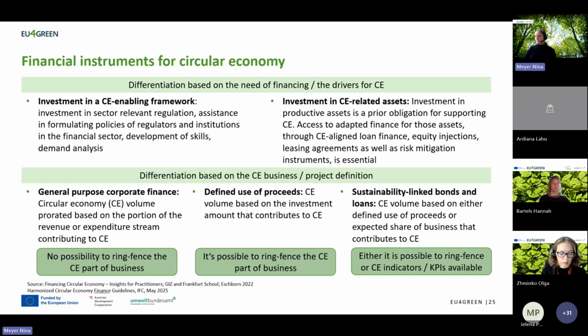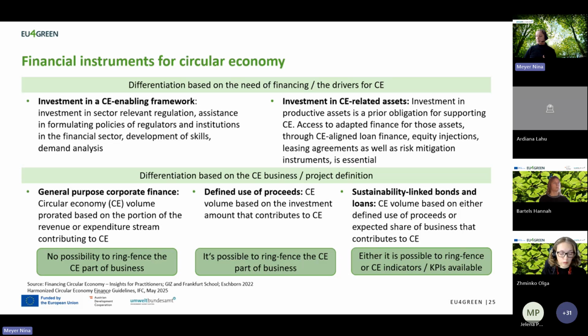And the differentiation based on the circular economy business project definition can also be based on the possibility to ring fence the circular economy part of the business. If we have no possibility to ring fence, then it's general purpose corporate finance. So the circular economy volume is based on the portion of the revenue or expenditure stream contributing to circular economy.